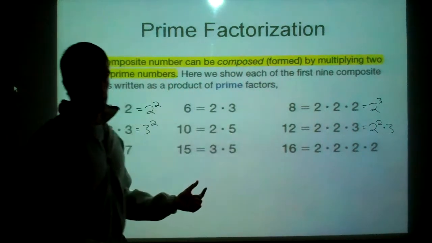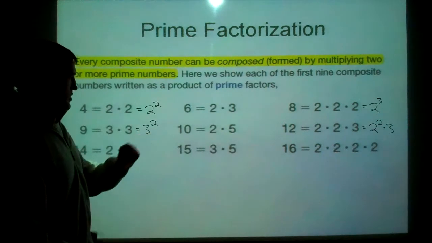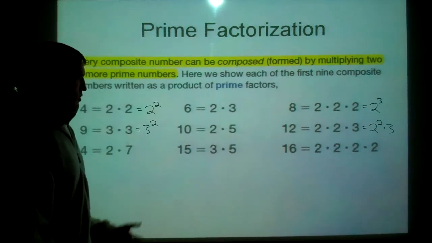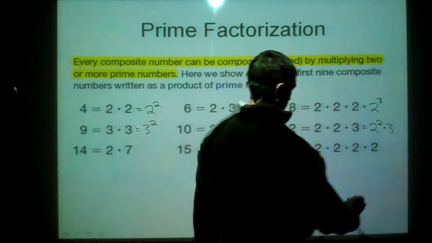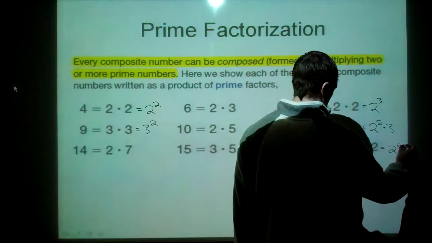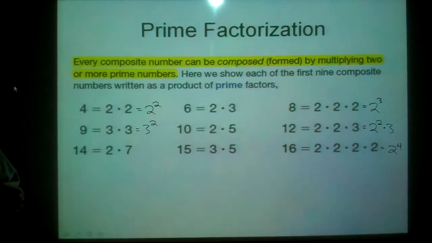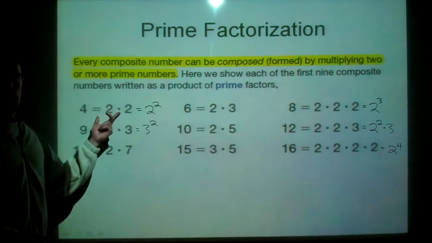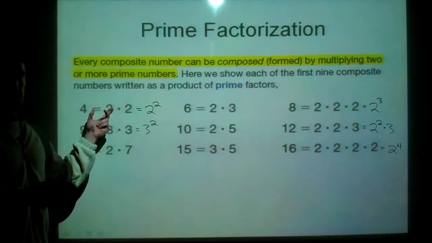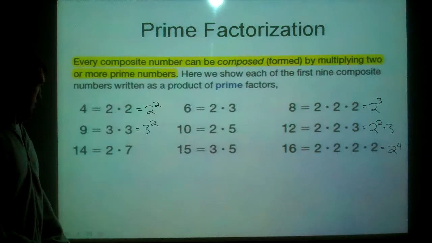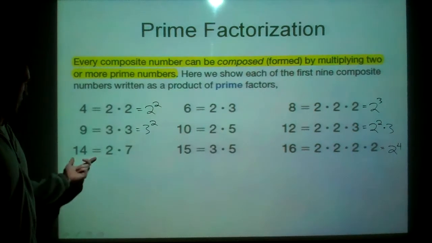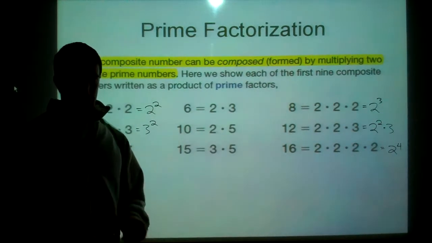That's because we're multiplying 2 2's. So that's where the second comes in. And then we have another 3 there. And over here for 16, 2 to the fourth, because we're multiplying 4 2's together. So if you have more than one number being multiplied that's the same, you would put it to a power. All the rest of these are okay. 2 times 7 for 14, 3 times 5.